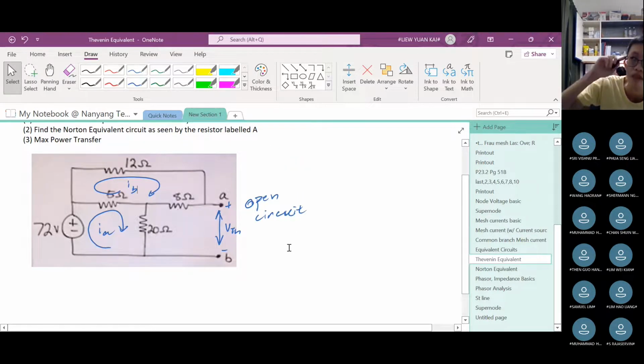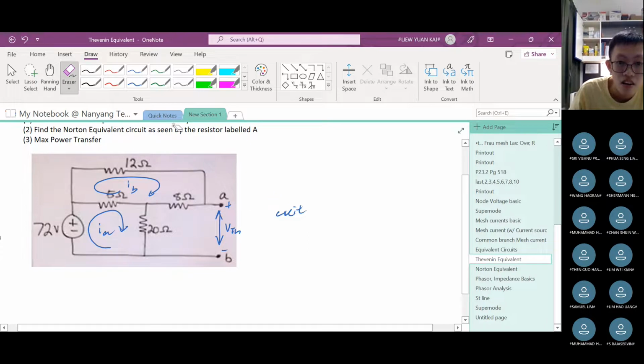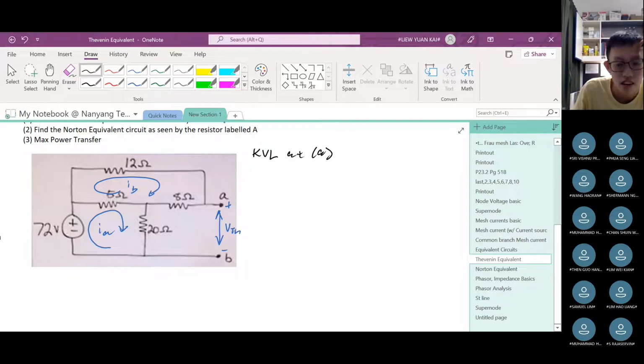Remember, the mesh current method means we use Kirchhoff's voltage law. So, KVL at A. KVL means we start from any point, and then we walk around, adding up all the potential differences.